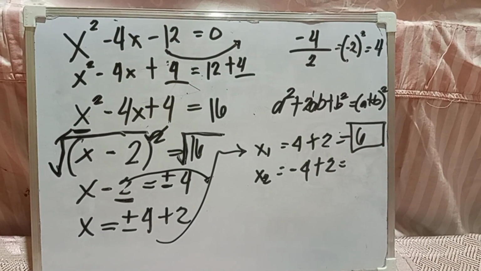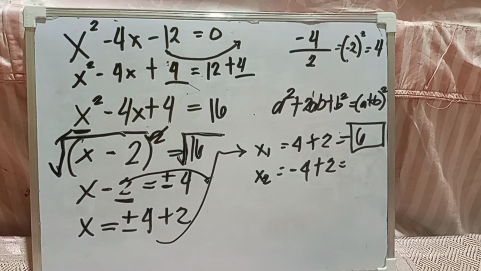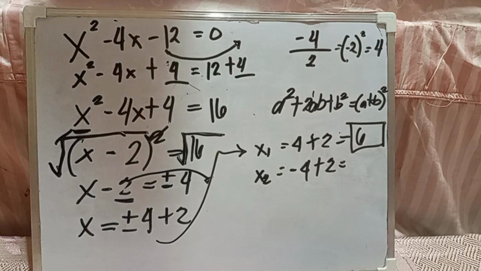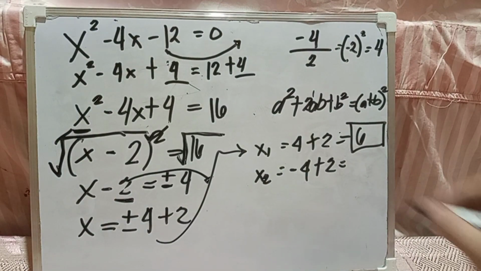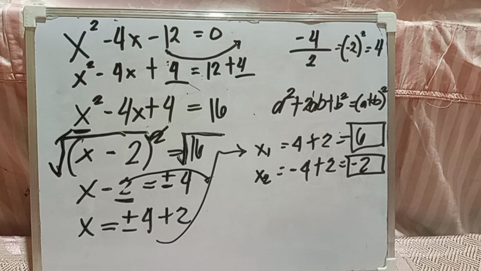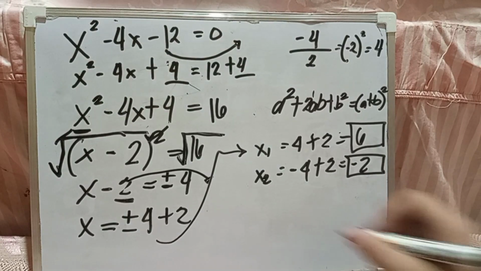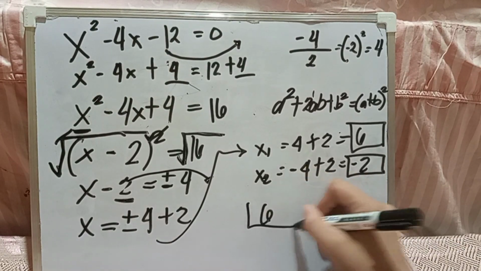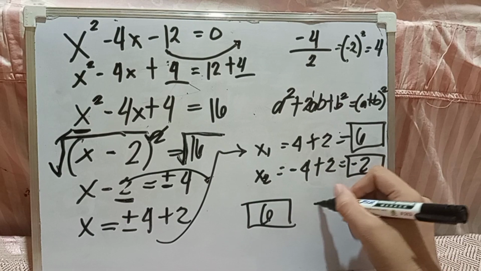To simplify this, x sub 2 is equal to negative 4 plus 2, which is negative 2. Now these are the values of x: 6 and negative 2.